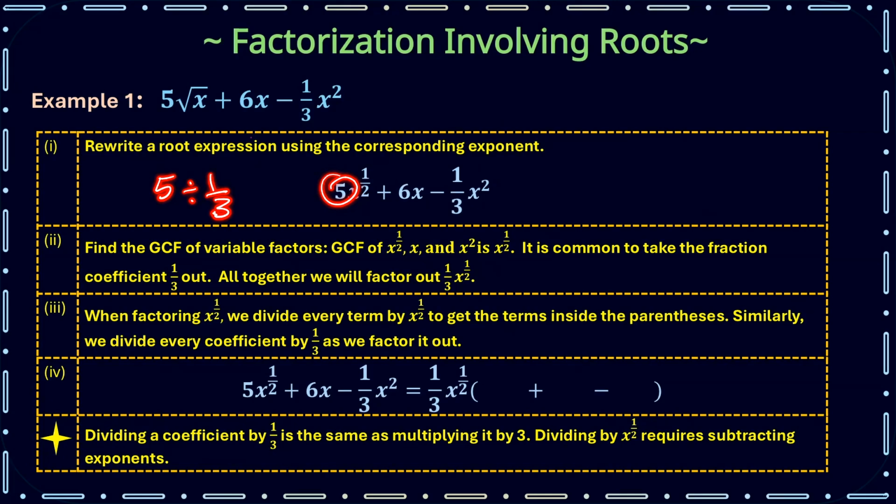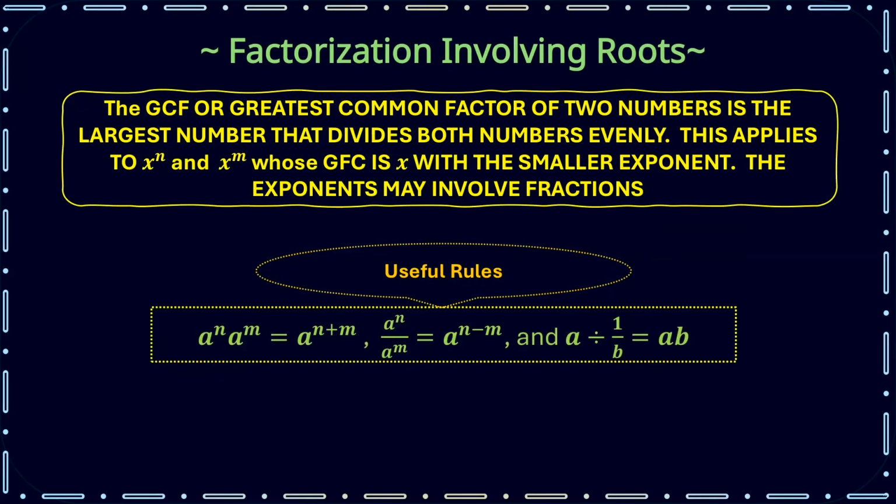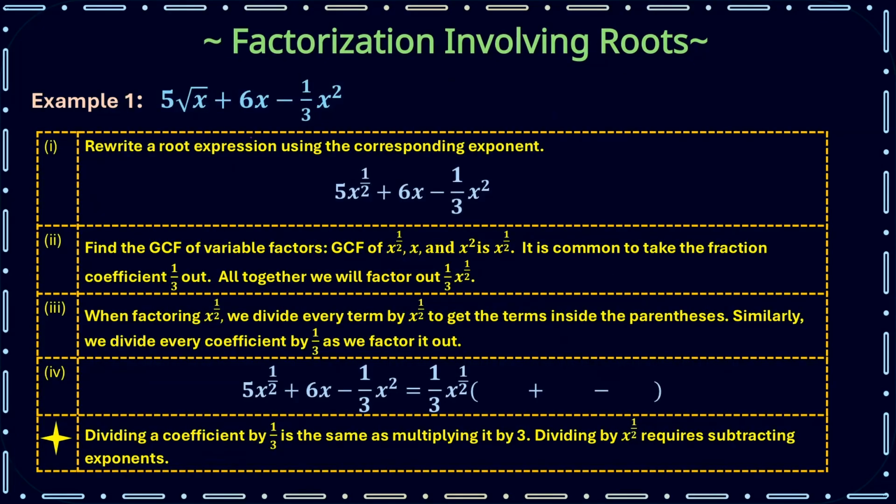And to make this easy, we have a property. As you might know, if you have a whole number divided by a fraction, you can take that whole number and multiply by the denominator of the fraction instead of dividing by the fraction itself. So keep that in mind. So if I'm factoring out a 1/3 from 5, I will be multiplying 5 by 3 to get 15 to see what goes inside the parentheses.